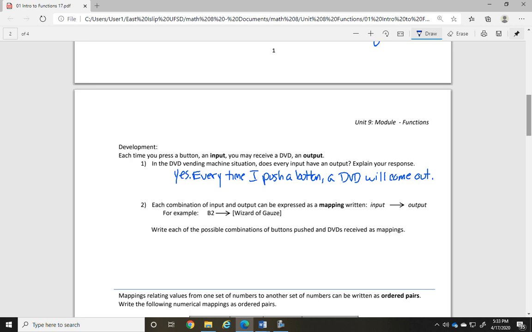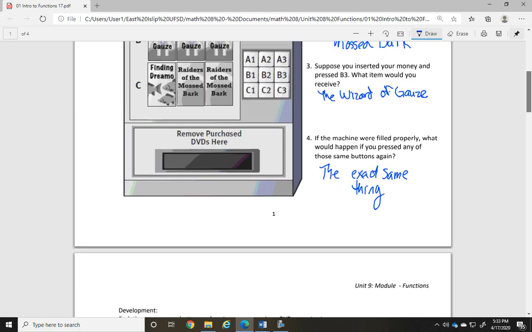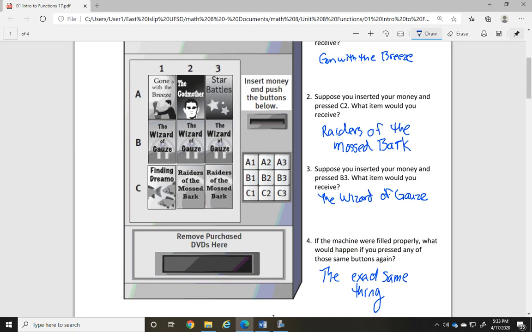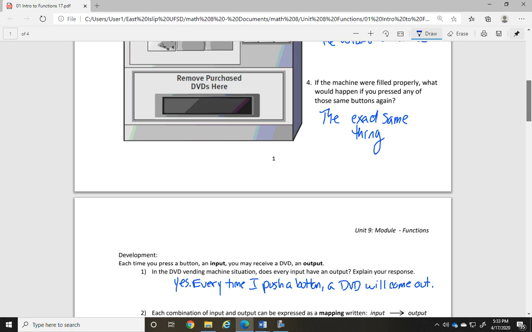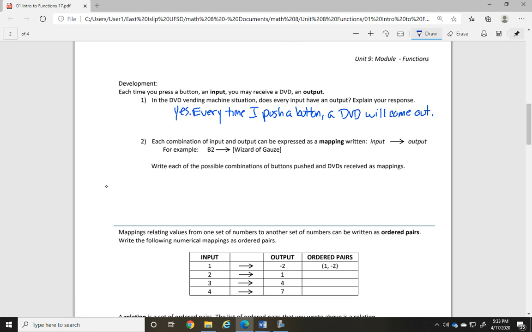So I'm going to list all of my inputs in a column. My inputs are A1, A2, A3, B1, B2, B3, and C1, C2, C3. We like all of our inputs in one area.